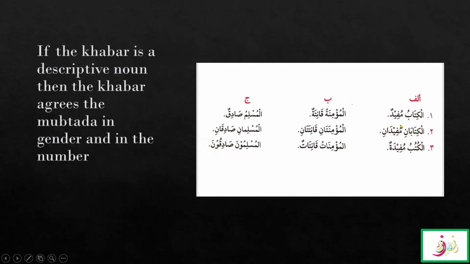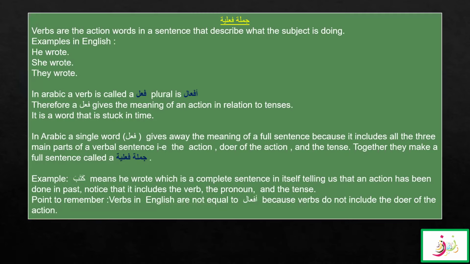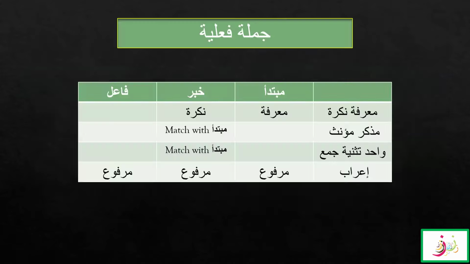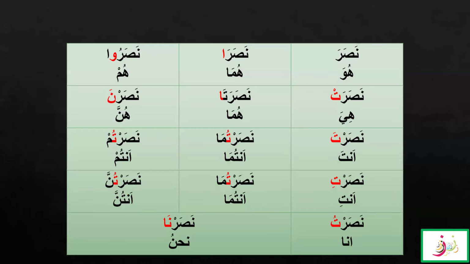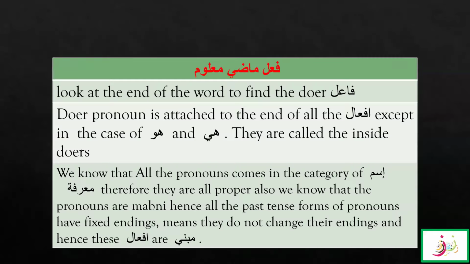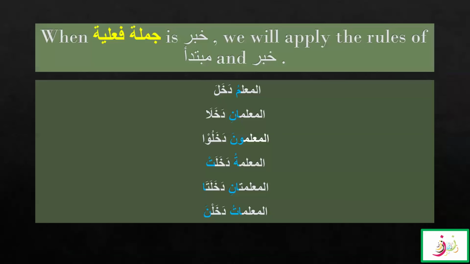But now instead of this noun, we are using a jumla fi'liya here. But it will be called a khabar because it is used in place of the khabar. A jumla fi'liya is in place of the khabar. So that is why it will be khabar, and it should match in gender and number.